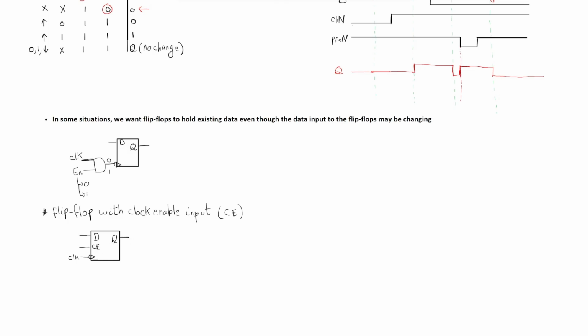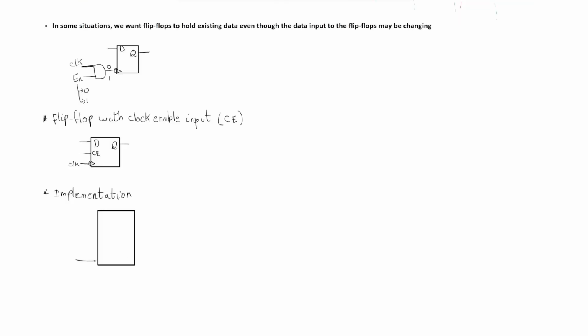So how can we implement this clock enable in a different way than using an AND gate? Let's see the implementation. This will be the clock input, and then we have a Q output. Simply, we can use a 2x1 mux.